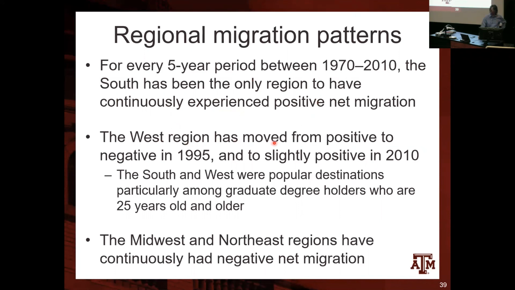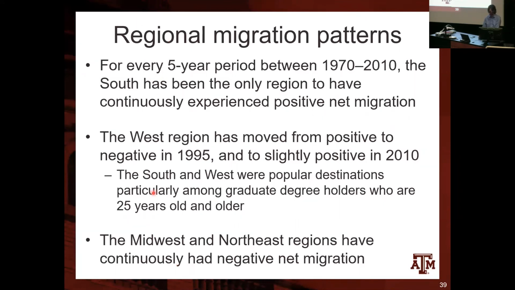The West region has moved from positive to negative and is slightly positive again in more recent years. The South and West were popular destinations, particularly among graduate degree holders who were 25 years or older. The Midwest and Northeast regions have continuously had negative migration.